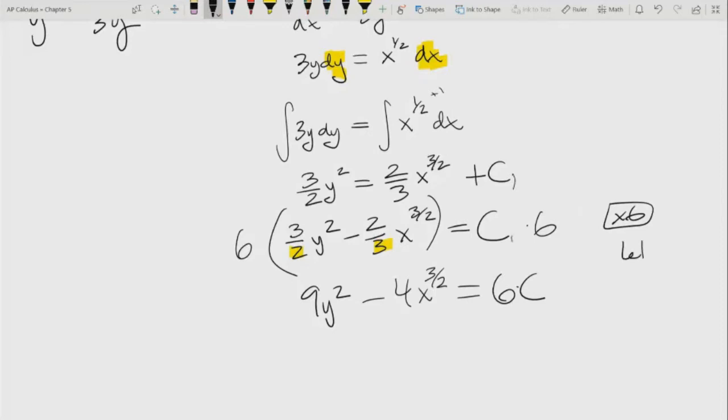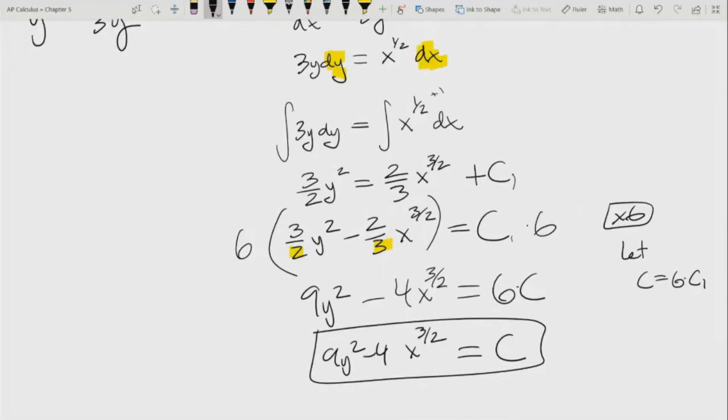What if we let our c equal 6 times c1? Whoops, that's a c. That's something else. That way I can just rewrite this and say we have a constant c over here, 9y squared minus 4x to the 3/2, and that's it.